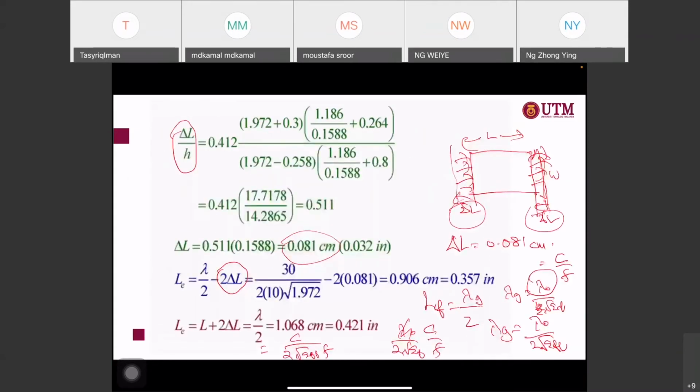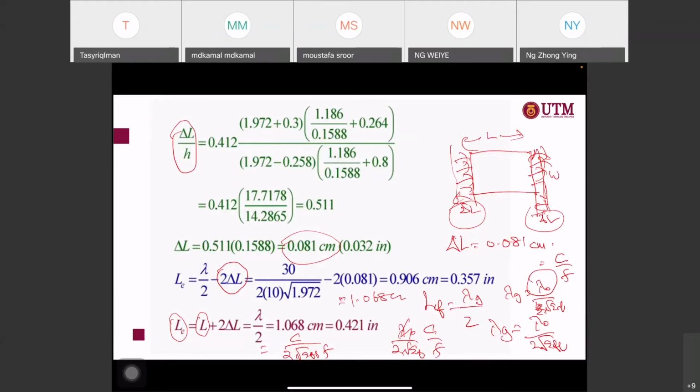when you calculate this value, you take into consideration L effective, because you're just taking L plus 2 delta L. Basically your L is equal to L effective minus 2 delta L. But in this case, you consider the fringing field here, so you add it and you get 1.068 centimeter.